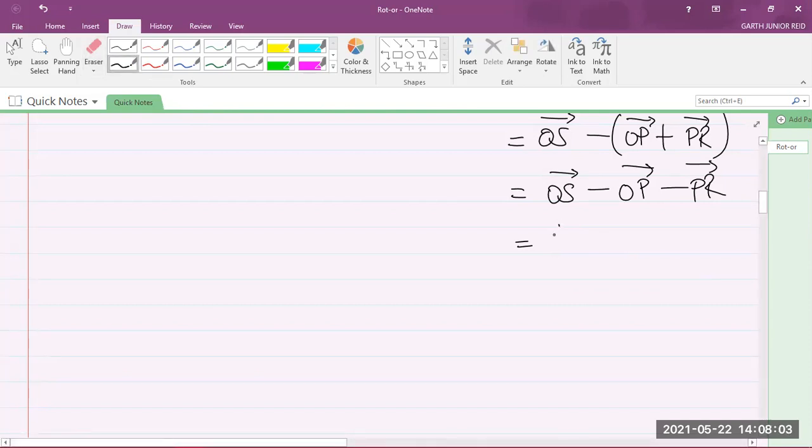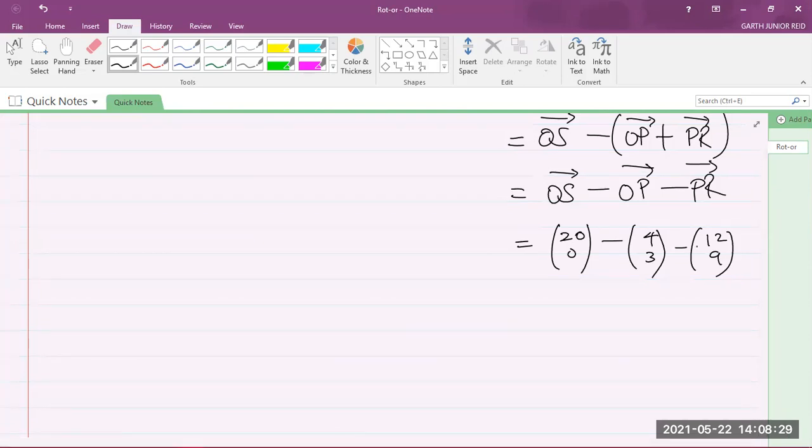We had calculated that to be (20, 0), minus the vector OP, which they gave us as (4, 3), minus the vector PR, which we had calculated above to be (12, 9). That is what we have here. So now I am subtracting 3 vectors. What would that be?